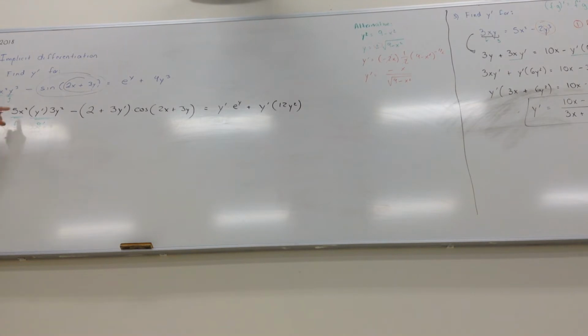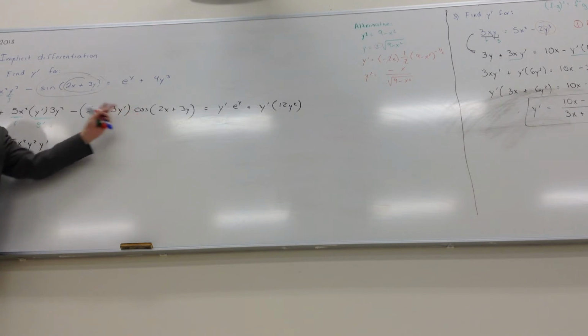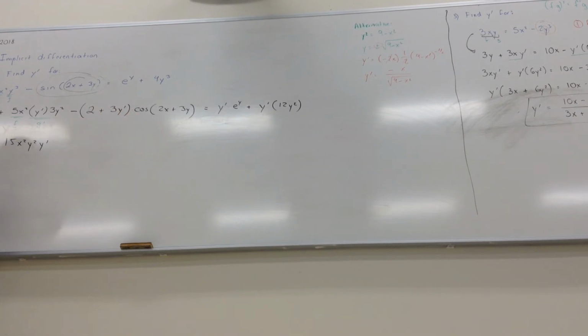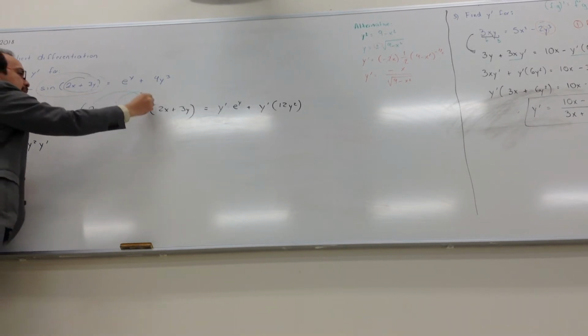10xy to the cube plus, multiply the coefficients. 5 times 3, 15 x squared y prime. Just move the variables, same situation. Here we have a binomial times the cosine. Get rid of that by multiplying. We're going to multiply this times this, this times this.